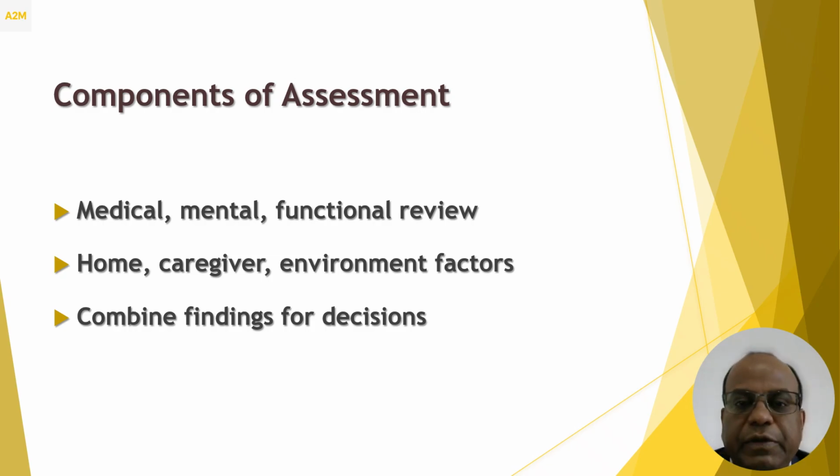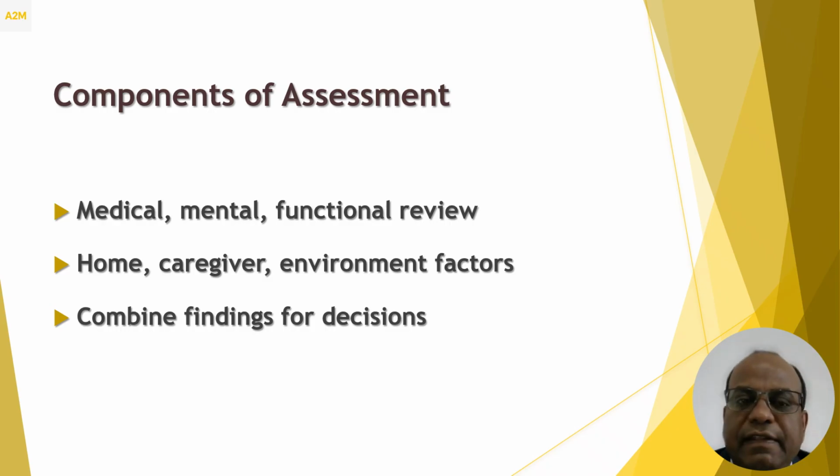The social review looks at family support, caregiver stress, loneliness, and safety. So lack of support can harm health as much as the disease itself. The environmental assessment checks for home hazards, slippery floors, poor lighting, clutter, or unsafe furniture.